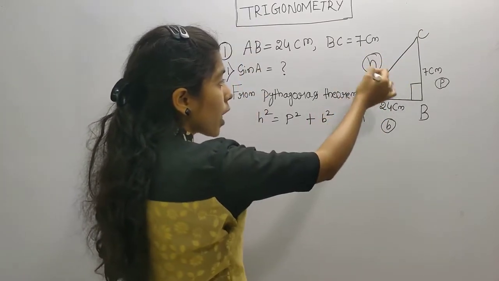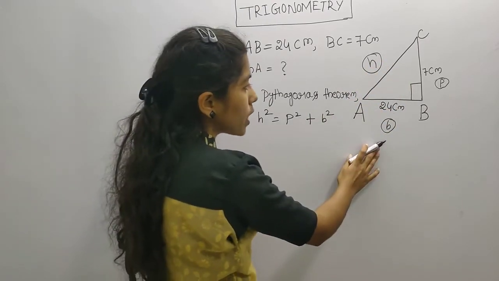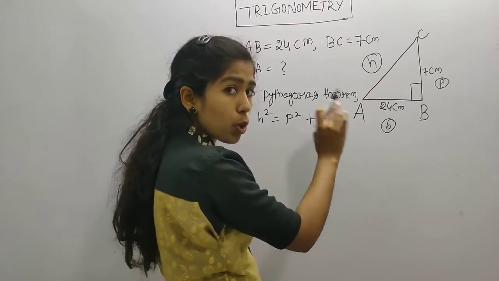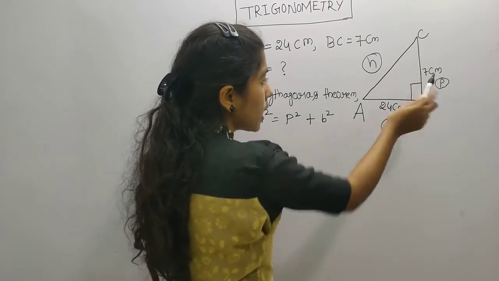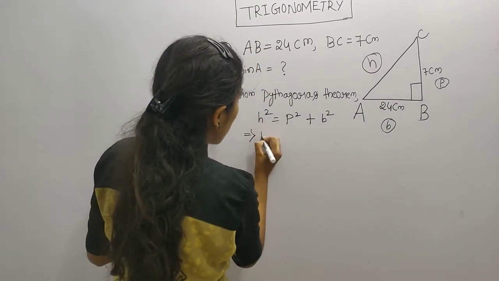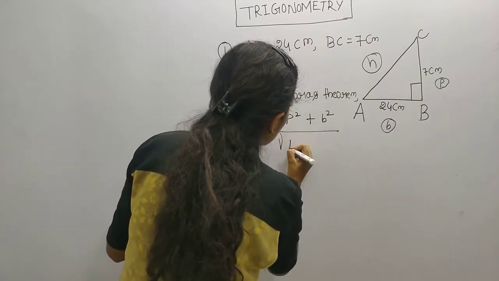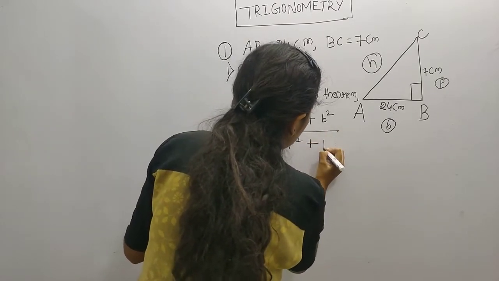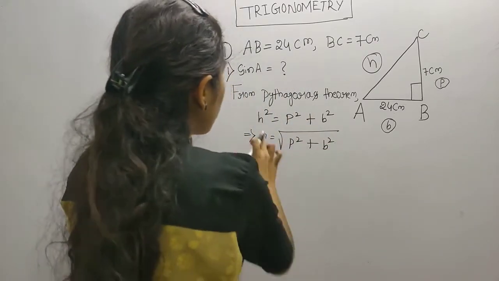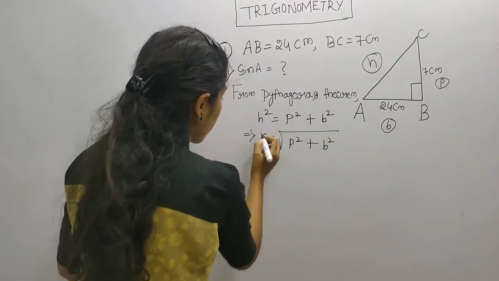The square of the longer side is equal to the sum of the squares of both smaller sides, that is base and perpendicular. Then if we want to find H, the square will go to the other side and it becomes root of P square plus B square. Now which is the hypotenuse side? AC.